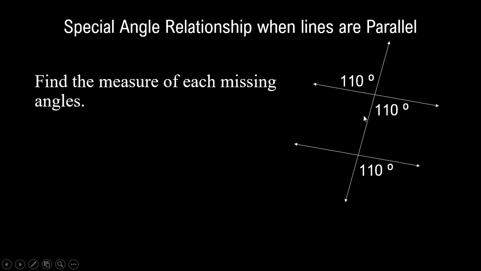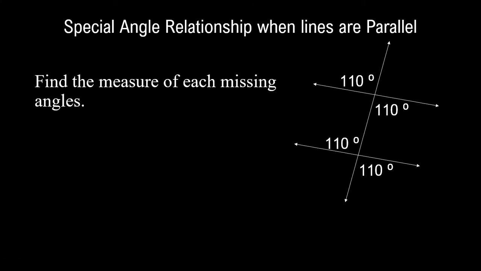As you can see, we already named one of the angles lying between the parallel lines. If this is 110, then opposite to that angle, which is also between the parallel lines, is what we call the alternate interior angle. And alternate interior angles are always congruent. Meaning, if this is 110, then this angle is also 110.